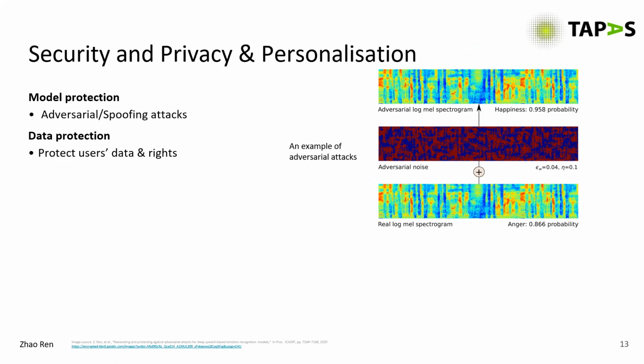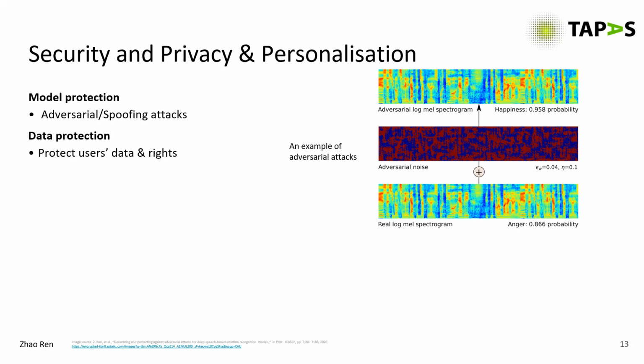Then it's security and privacy. Deep learning models have been shown to be very vulnerable to, for example, adversarial attacks. This figure shows the bottom one is the real log-mel spectrogram, which is correctly predicted by a model as the anger class with a very high probability.